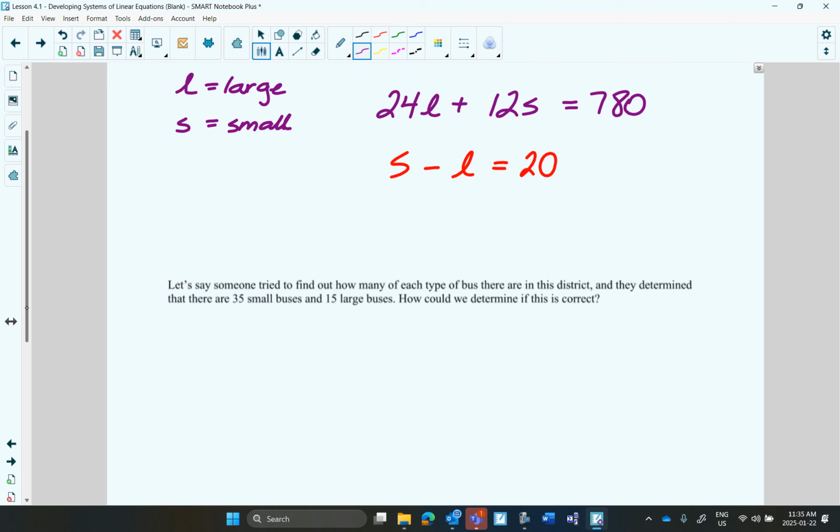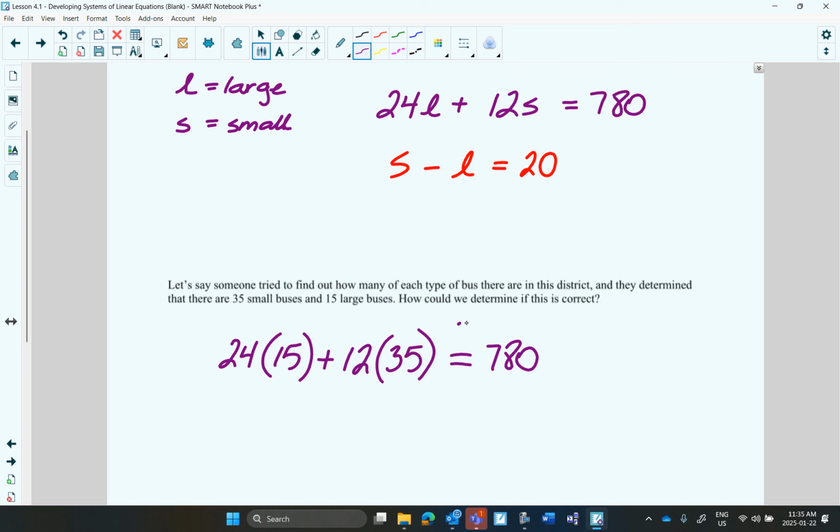If it doesn't, this is wrong. So does 24 times 15 plus 12 times 35 equal 780? I don't know if this is true yet, so this is what I'm going to put over the equal sign, a question mark.